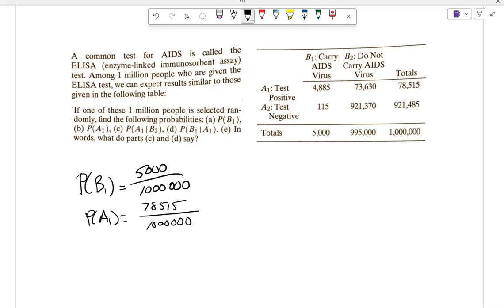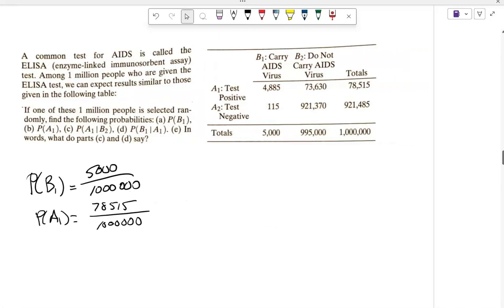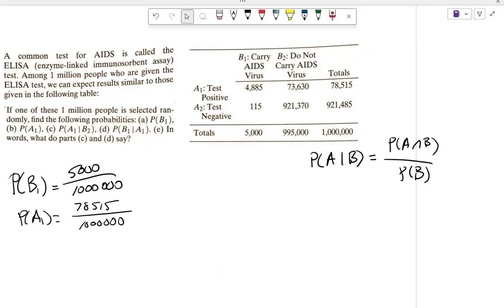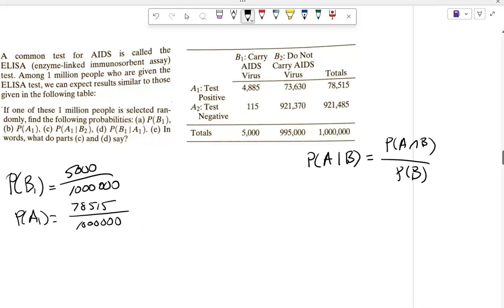So there's a couple of ways to think about it. One is just using the definition that we had before. We had probability of A given B was probability of the intersection over the probability of the given, sorry, not the probability of the total. That's the formula, right? So we could do that with the formula, but in this case, it might be a little bit easier to remember that we think about the given information as extra information. It changes your sample space.